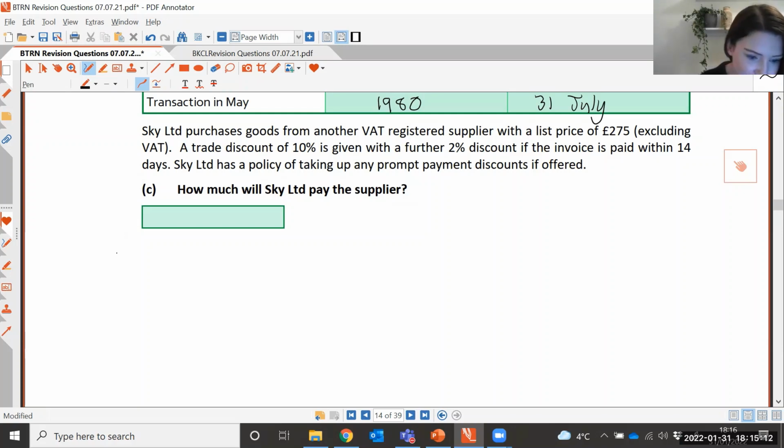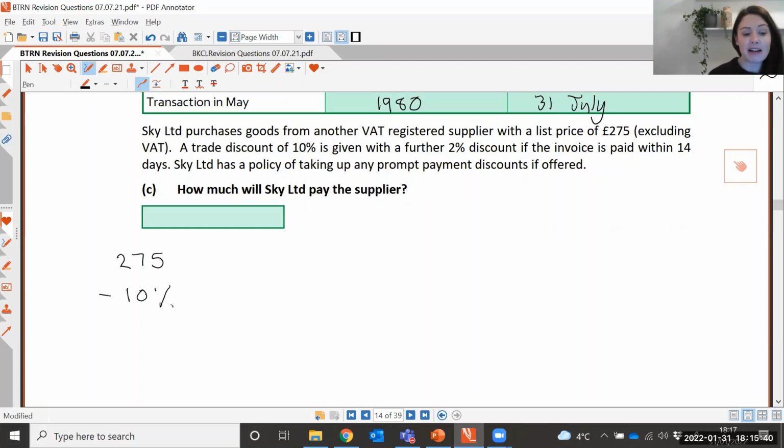Yeah, so it would be the net of £275 because we're told it's the list price excluding VAT. So the £275 is our net value. So first of all, we would minus the 10% trade discount.